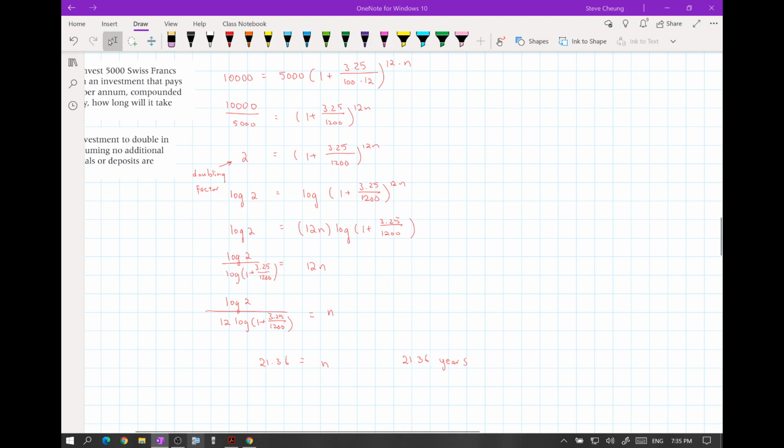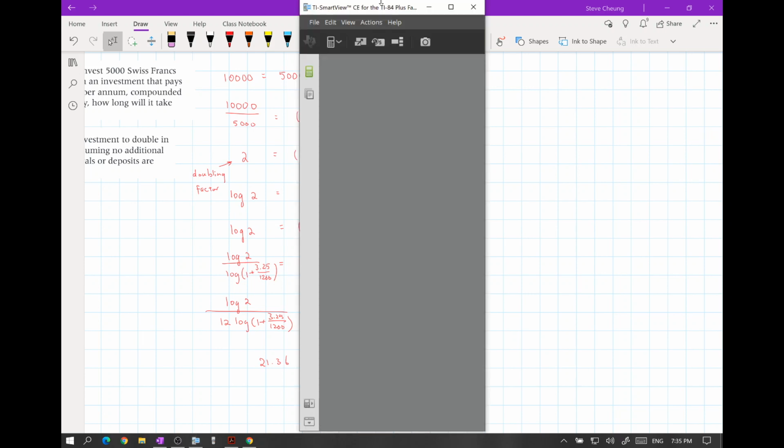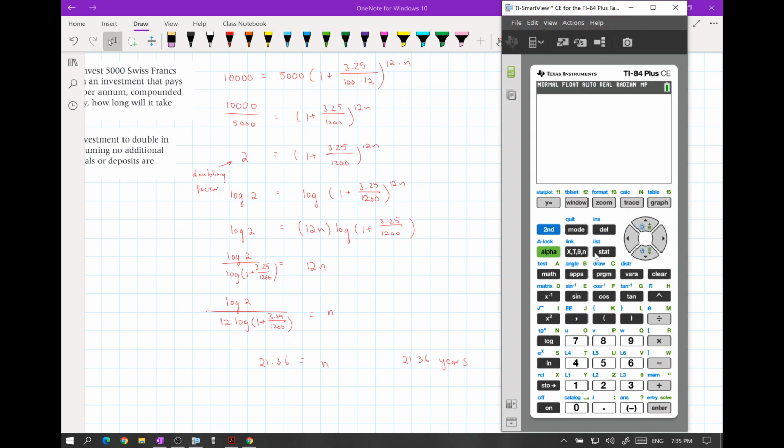So you skip all these hassles of writing it in terms of the ratio of the logs. So it could be quite powerful whenever you have to actually evaluate for the time that is required for such an investment to go from an initial value stated to the future value that you want.